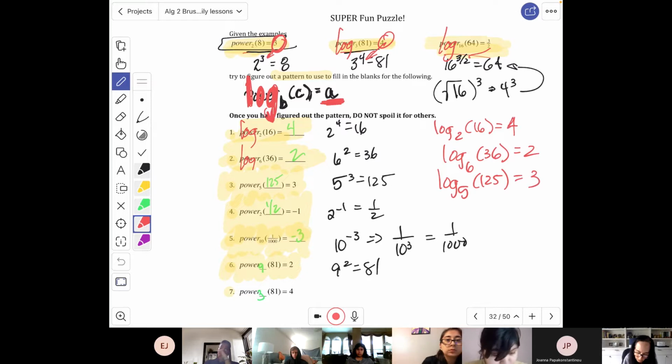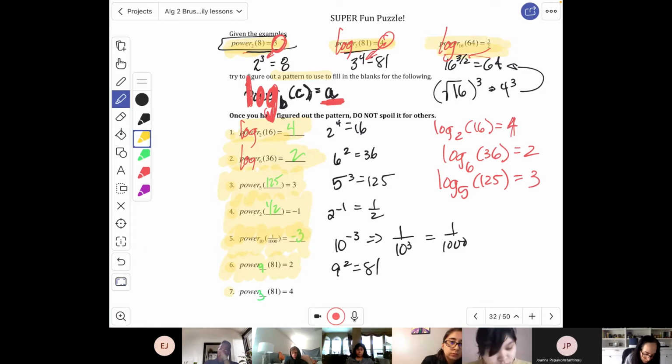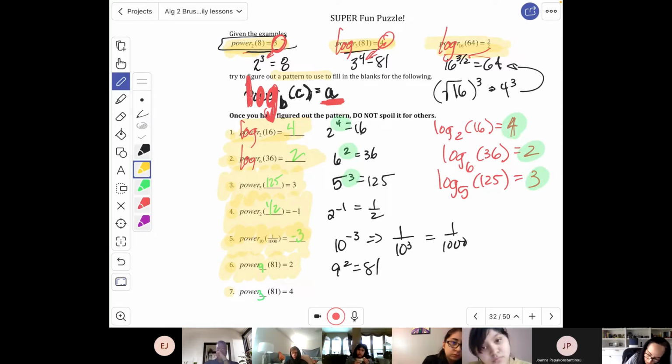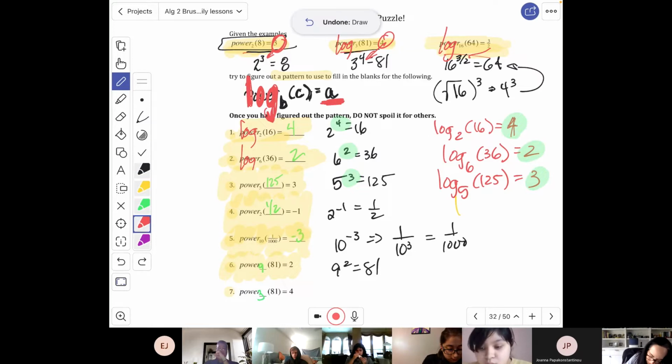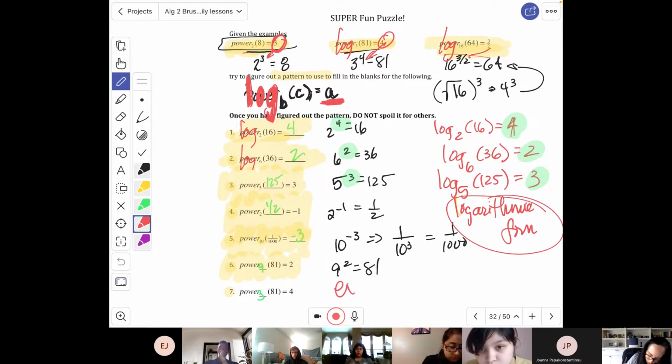And do you see how each of these become the exponent? This is a demonstration of how to convert from logarithmic form to exponential form. And the relationship is that they are inverses of each other. So logarithms are exponents. They're just represented in inverse notation.